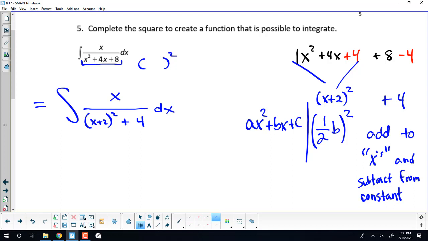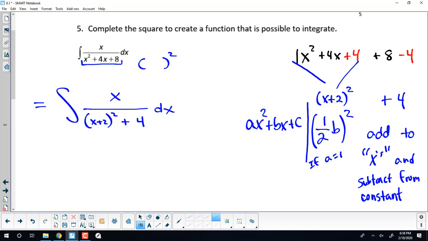The caveat here is that a has to be equal to 1. So this is if a is 1. If a is not 1, then you just have to factor a out. That's the only difference.